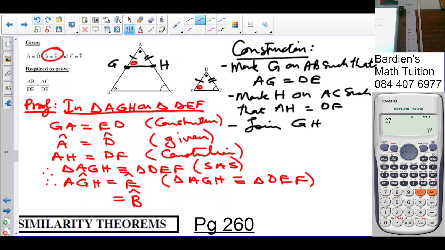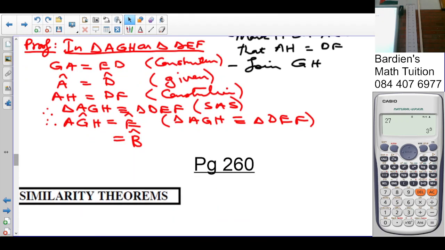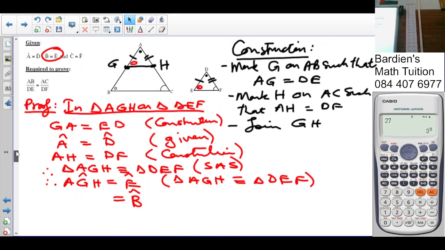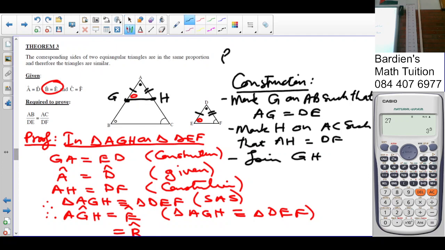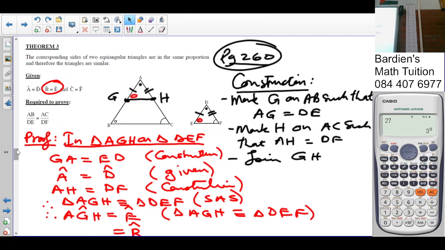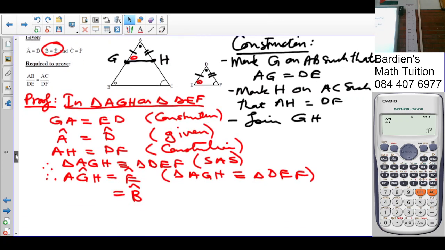Now, if those two angles are equal, what can now be concluded about GH and BC? They're parallel. It's page 260. So we can say therefore GH is parallel to BC.